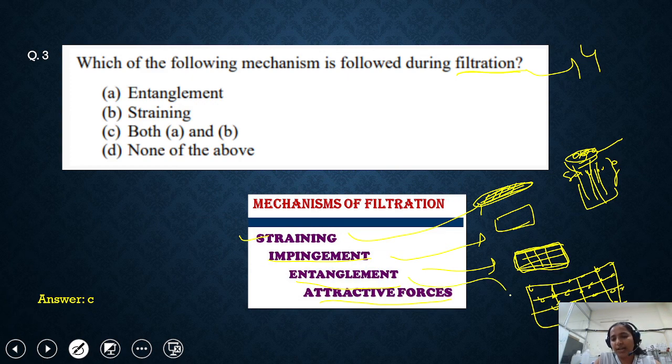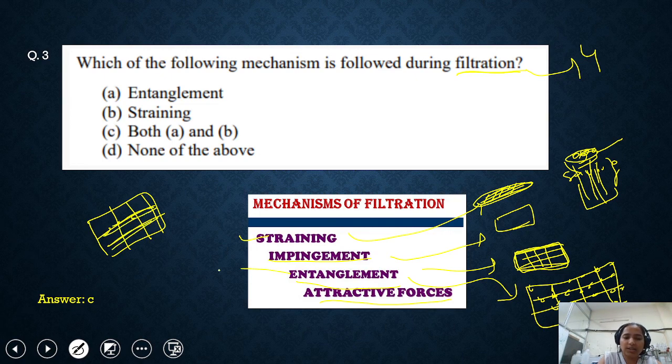Understood? This is entanglement, meaning the particles are settling in between the pores that are present in the filter. So this is the third type of mechanism for filtration.